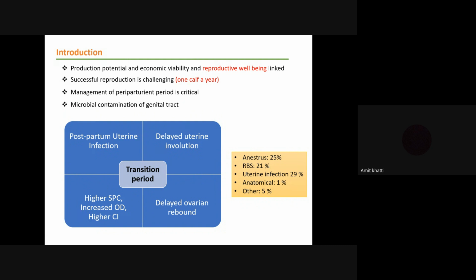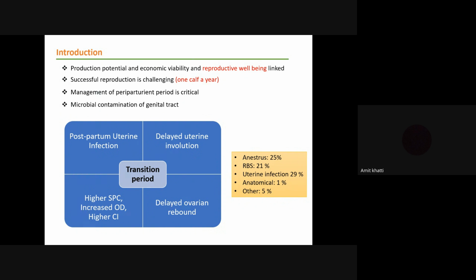If this calving interval is extended beyond 1 year, suppose we have a 1.5 year interval in 2 subsequent calvings, then obviously something is not going well in terms of reproduction, and the production potential will also be compromised, and the economic benefit will be lowered.